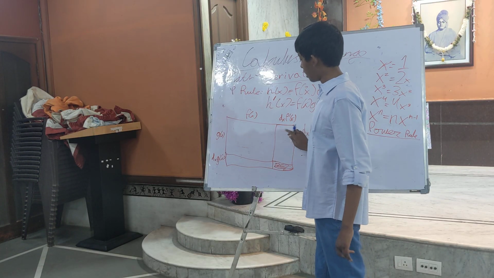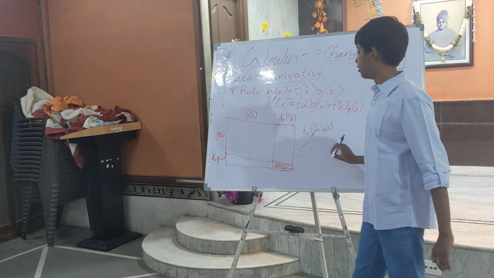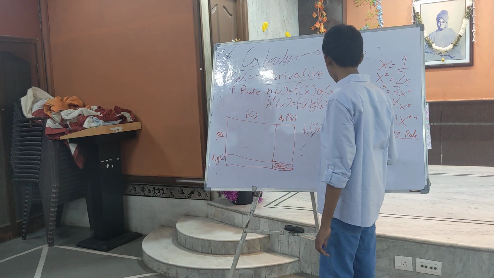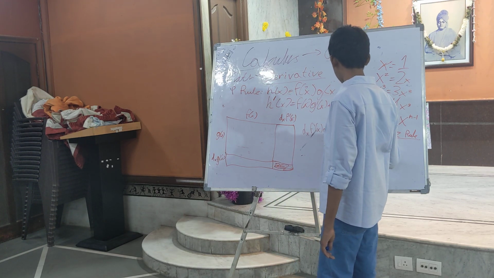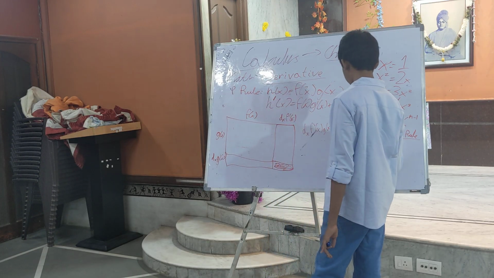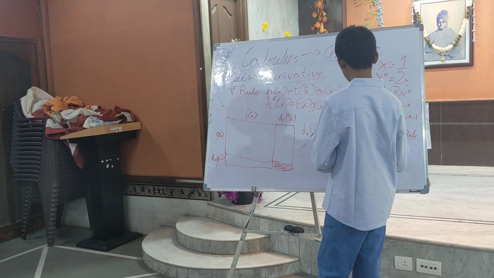So the extra width we add will be this times the height that was already there. And the opposite thing happens here. We add dx times the g prime of x times the width, which is f of x.